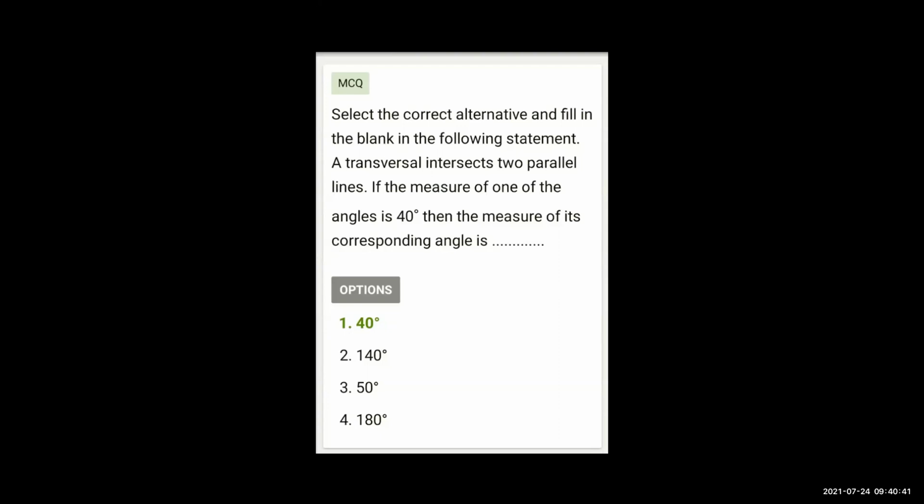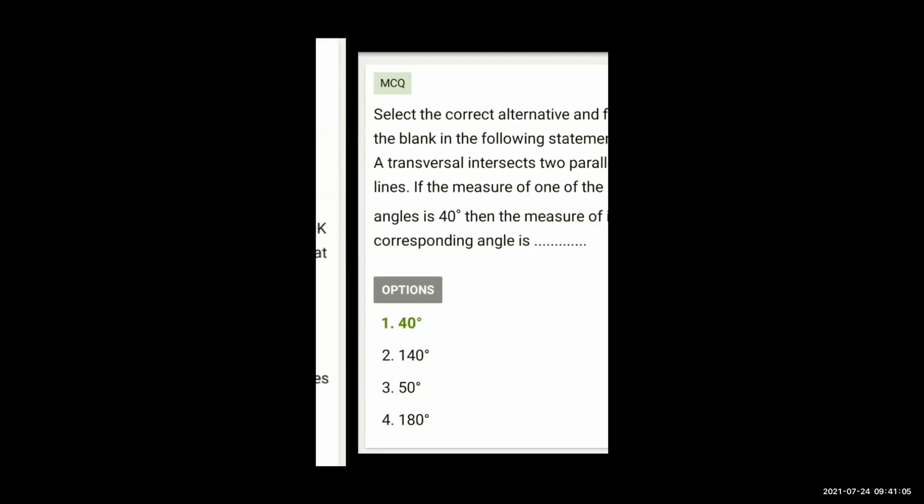Okay, so the property for corresponding angle is corresponding angles are congruent to each other. So if one will be the 40, the corresponding angle for it that will be also 40. So the right option, that is first one, that is 40 degree.